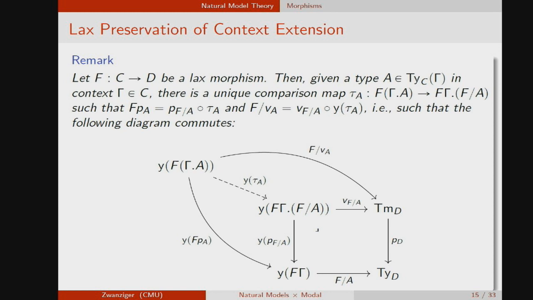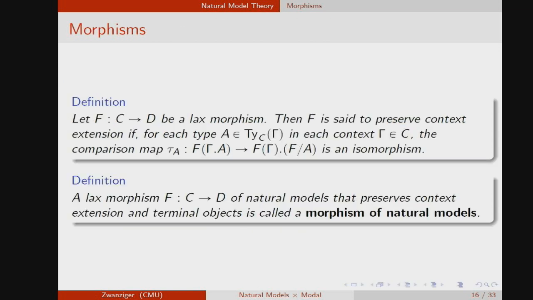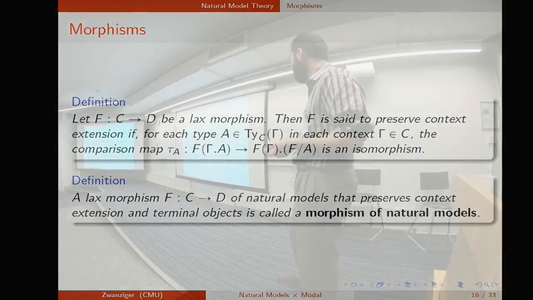Or you can first realize A as a comprehension and then apply F to it. Since this is a comprehension, it has this pullback property, and you can get a comparison map between those two ways of doing things. Then a morphism is just a lax morphism where all of these comparisons are isomorphisms, and it also preserves terminal objects. So that's what this is saying.